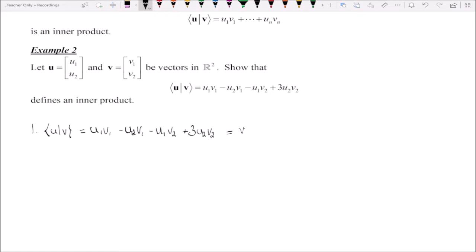So we can rewrite this as v1 u1 minus v1 u2 minus v2 u1 plus 3 v2 u2.